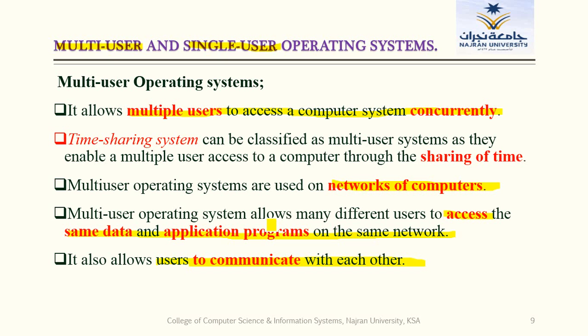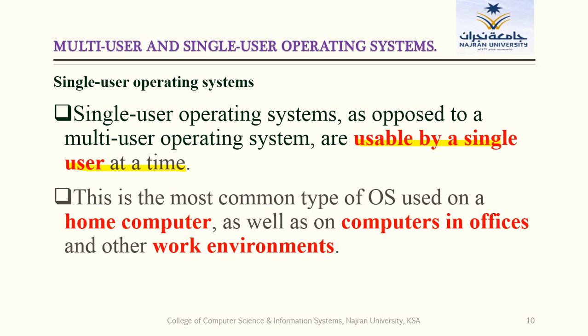Also, a multi-user operating system allows users to communicate with each other. Examples of single-user operating systems are our home computer, office computer, and some other work environments that are not connected with each other. So we are not sharing our data with other computers. These are single-user operating systems.